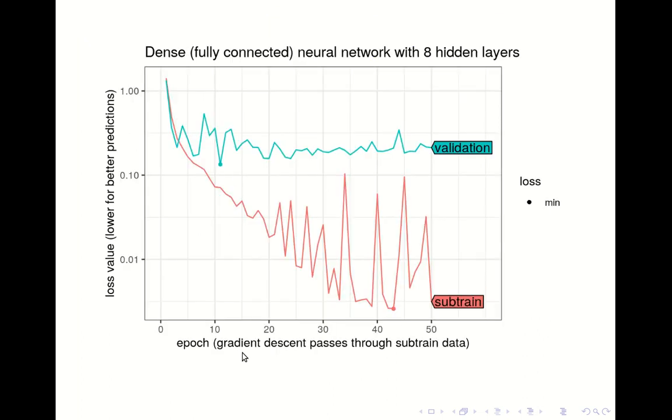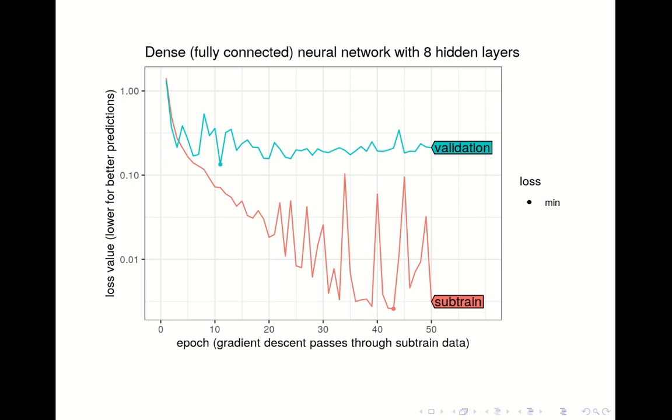If we fit that model, we get something that looks like this, where the subtrain loss goes down up to a certain point and starts to oscillate. Because of the way that the neural network is designed, it's not always guaranteed to decrease the subtrain loss in each epoch of gradient descent.